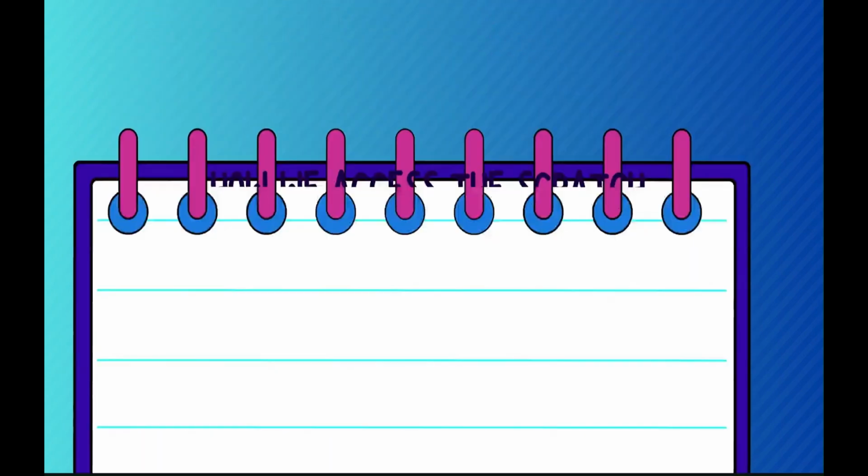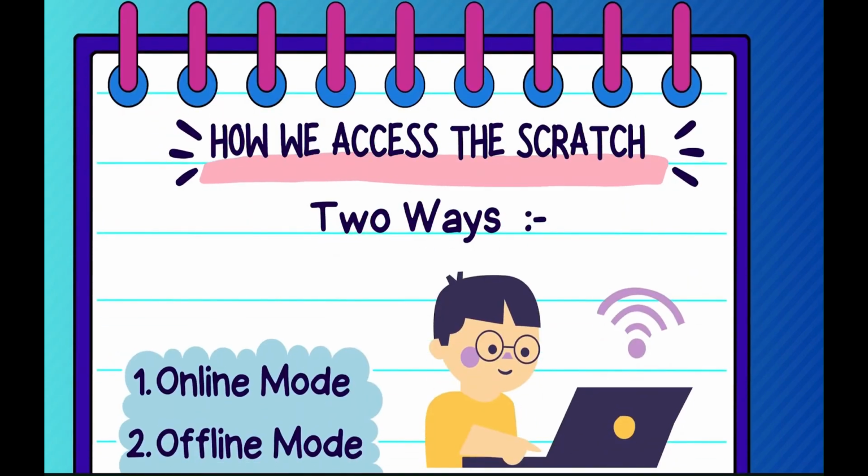Then we saw how we can access Scratch, and there were basically two ways: first one was online mode and second offline mode. We installed and downloaded the Scratch Editor on our PC, and I hope you all have done this. Did you try to explore the Scratch Editor interface?